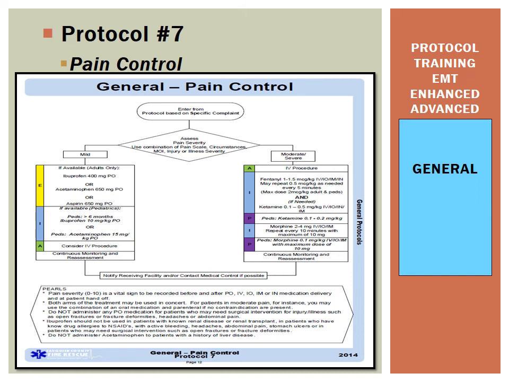Again, ibuprofen should not be used in patients with known renal disease or renal transplant, in patients who have known drug allergies to NSAIDs, with active bleeding, headaches, abdominal pain, stomach ulcers, or in patients who may need, again, surgical intervention, such as the open fracture or fractured deformities. Also, do not administer acetaminophen to patients with a history of liver disease.